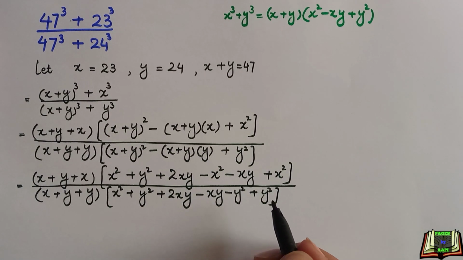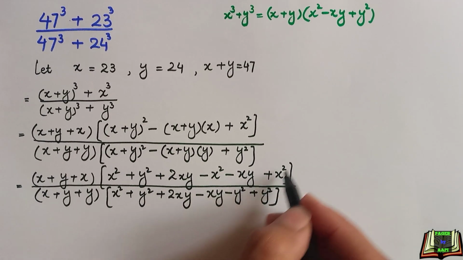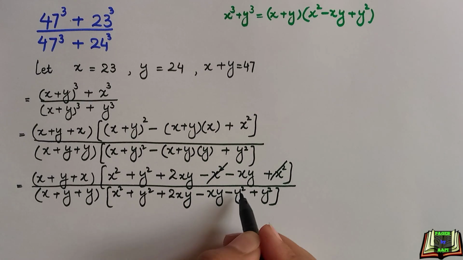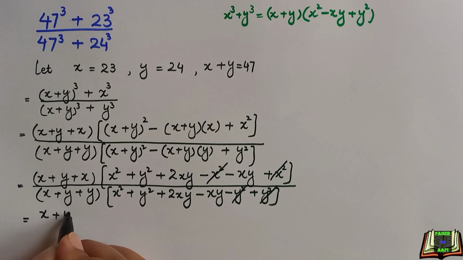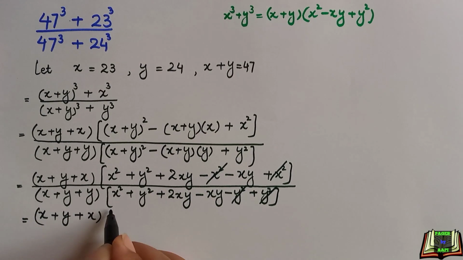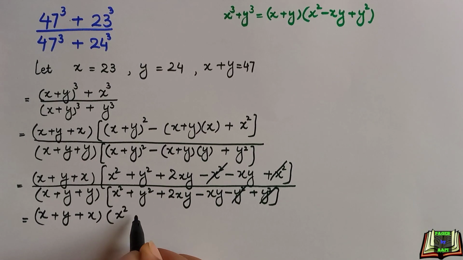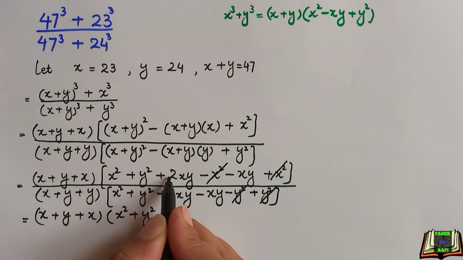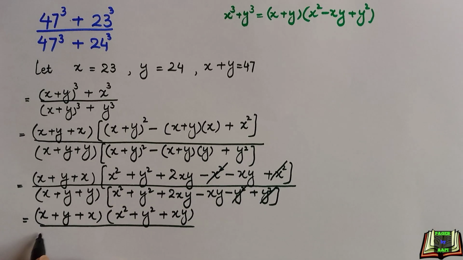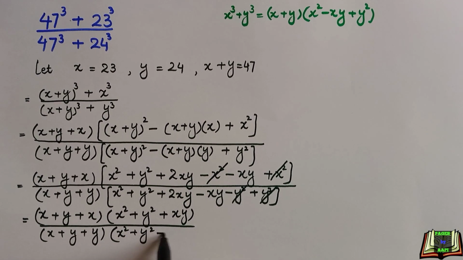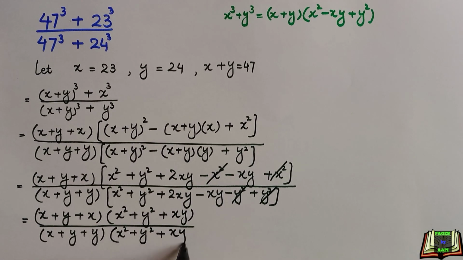Few terms will be crossed out, like plus x square and minus x square, and in the denominator y square and y square. We are left with x plus y plus x times x square plus y square, and these are like terms, so we will subtract them, plus xy over x plus y times x square plus y square, like terms again, we will subtract them, plus xy.